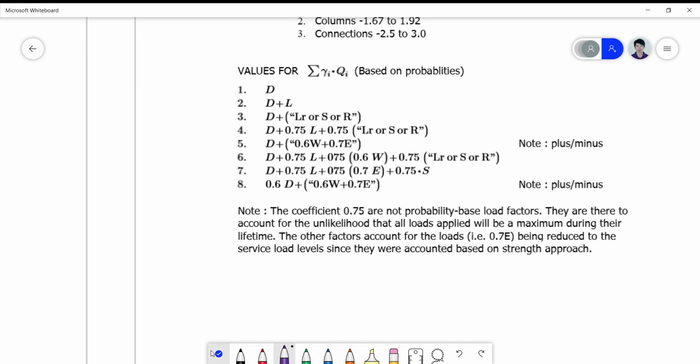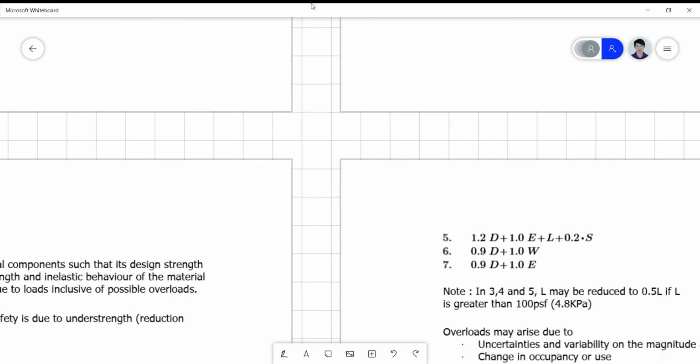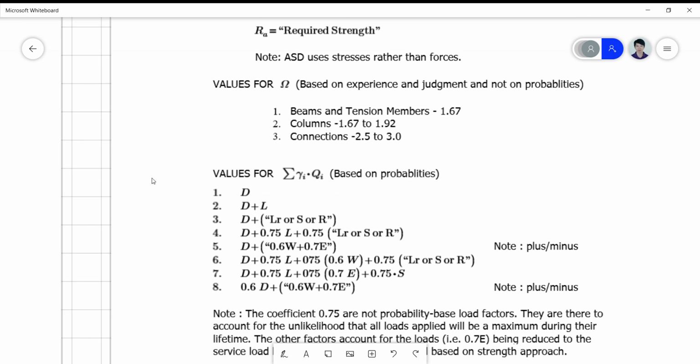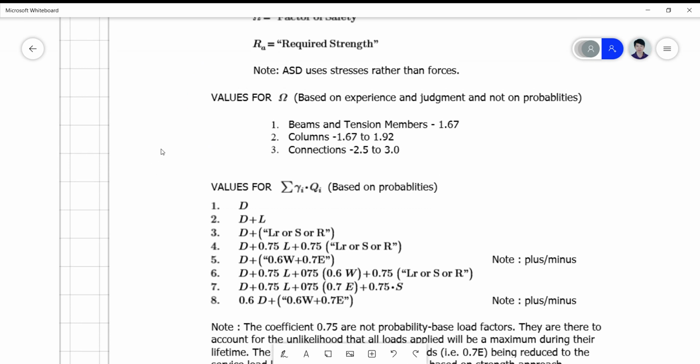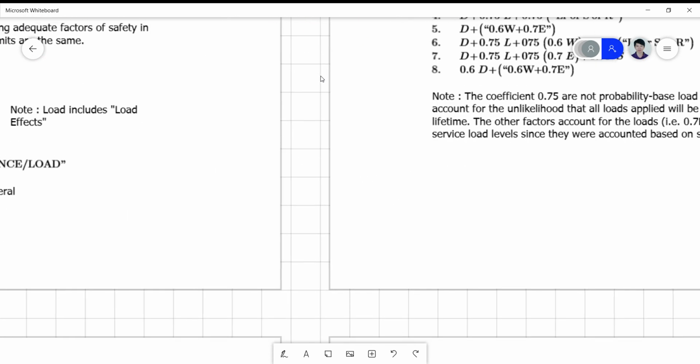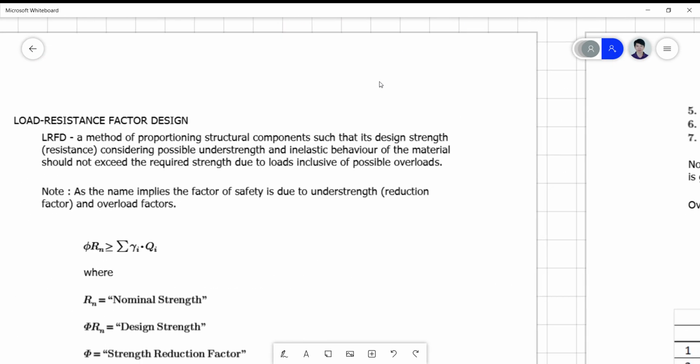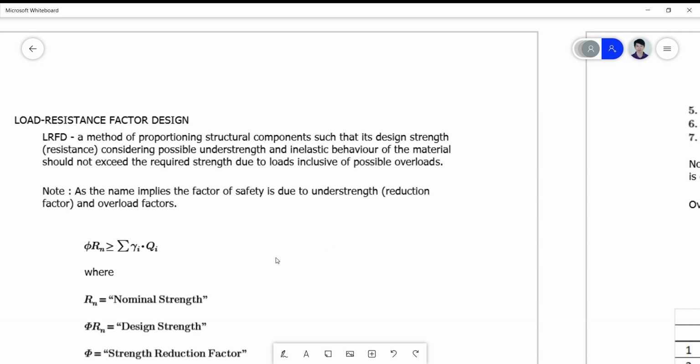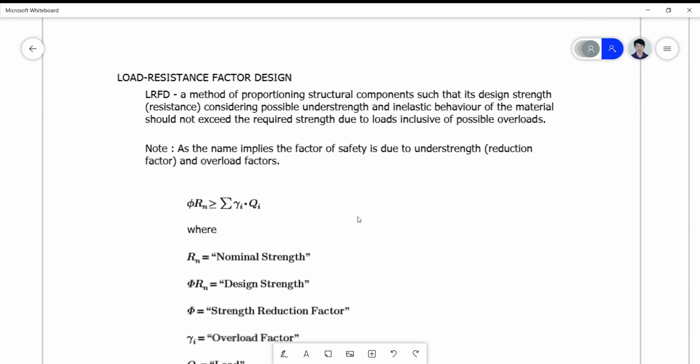So for the LRFD approach, take note that for the load and resistance factor design, the method is different in terms of the provision of the factor of safety involved.